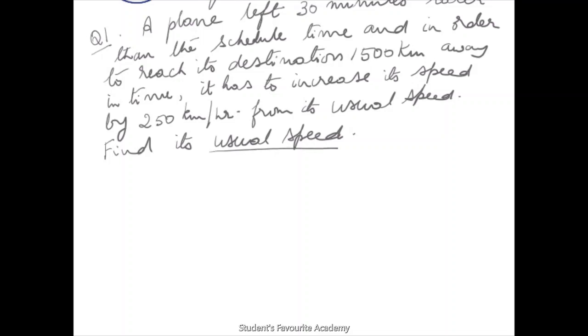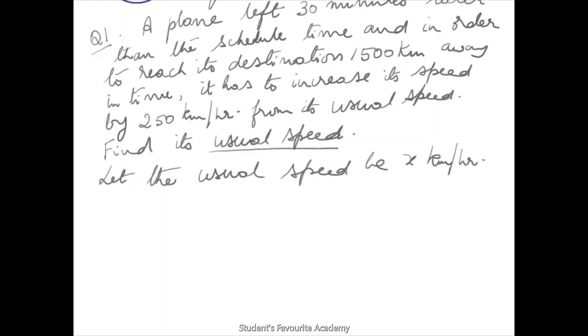So here usual speed is asked. So let the usual speed be x kilometer per hour. Now, what is the condition given in the question? First the original speed was x.